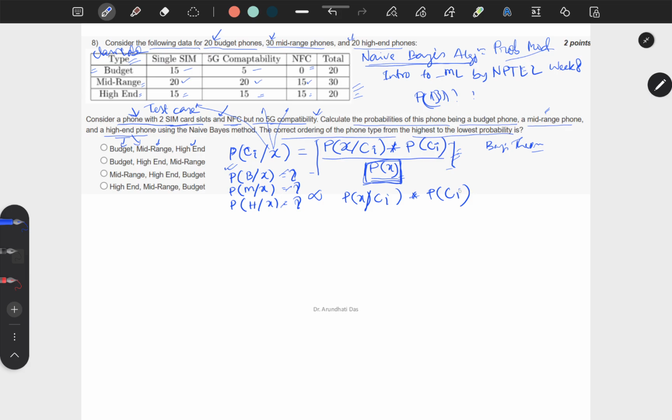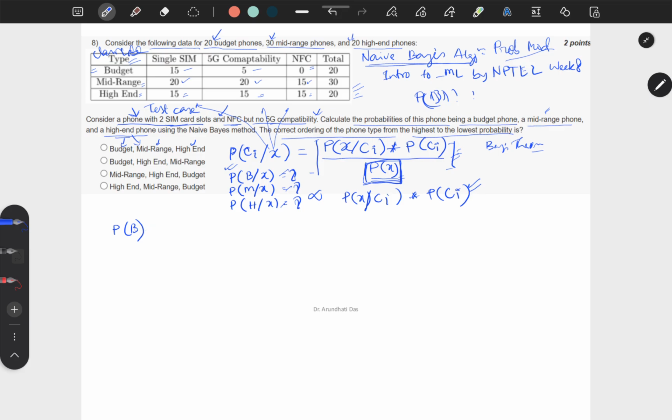If we calculate only the numerator, we can find our desired values. So let me write here. First we will calculate the probability of a particular class.